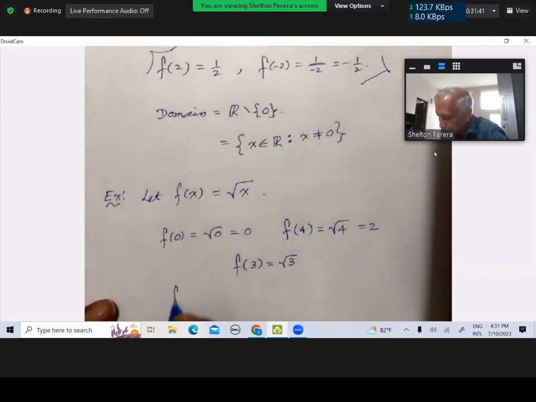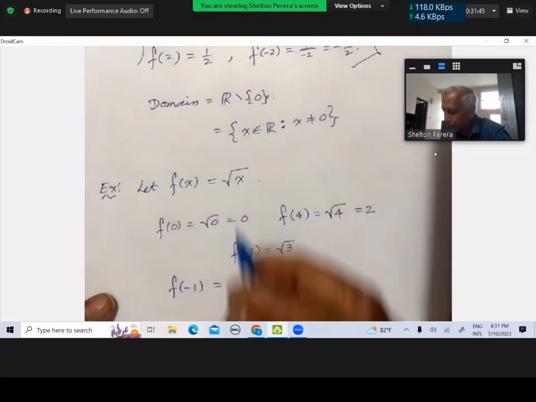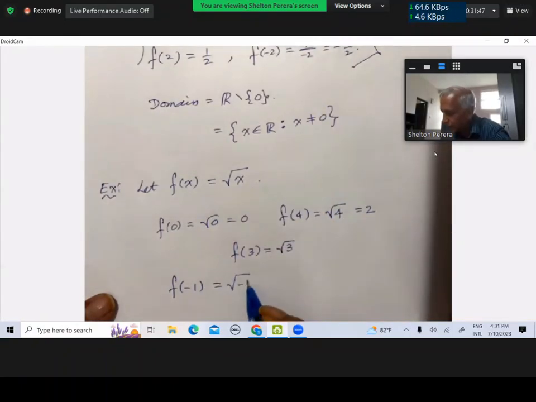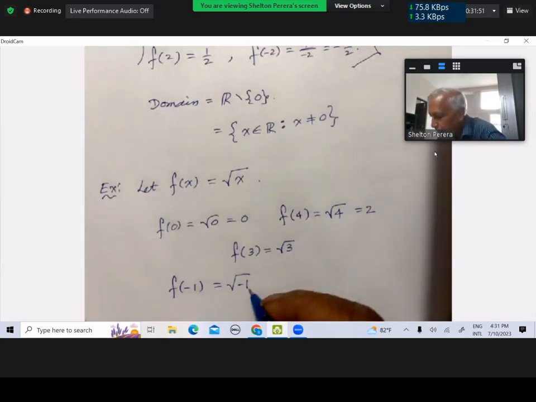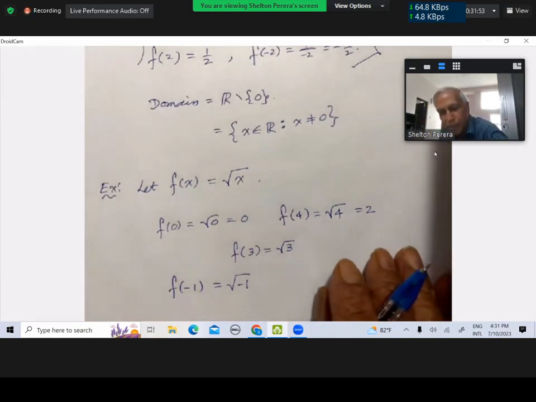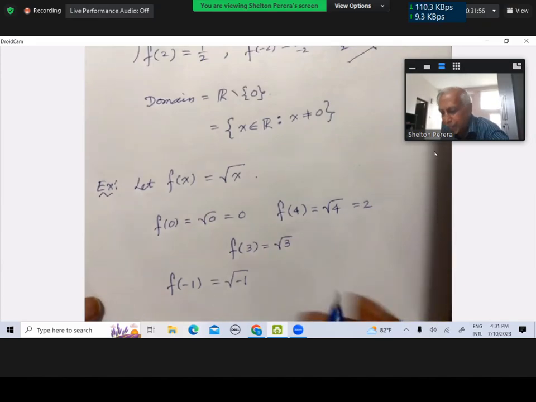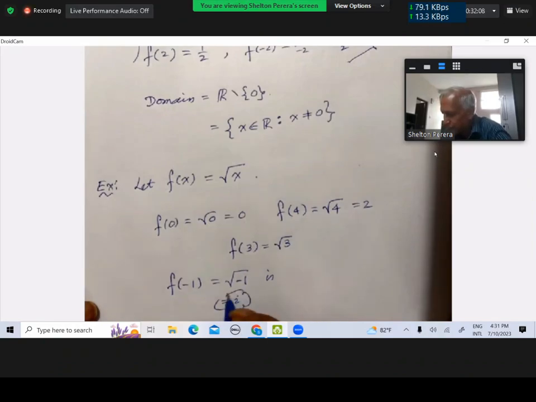But what is f of minus 1? f of minus 1 would be square root of minus 1. Square root of minus 1 is not a real number. Remember we mentioned this as i when we did quadratic equations.